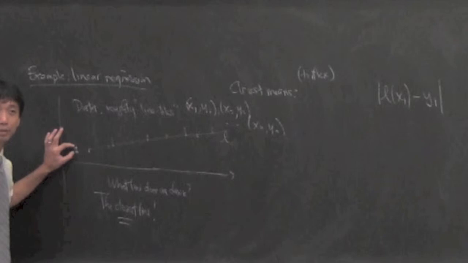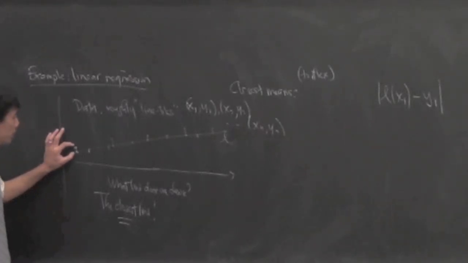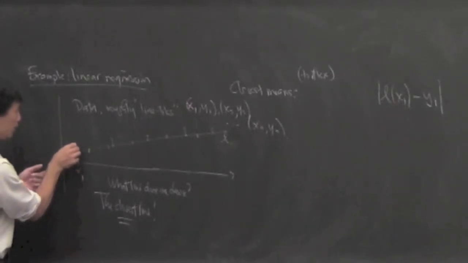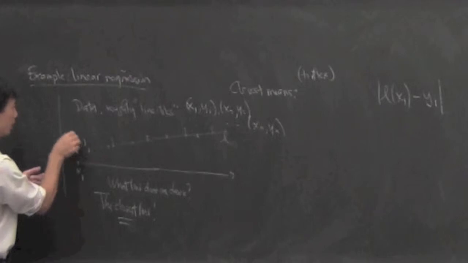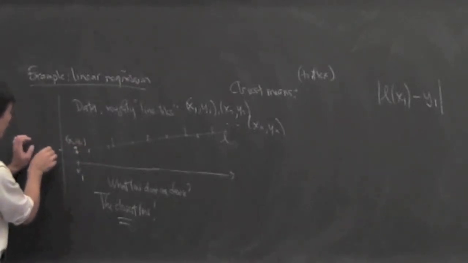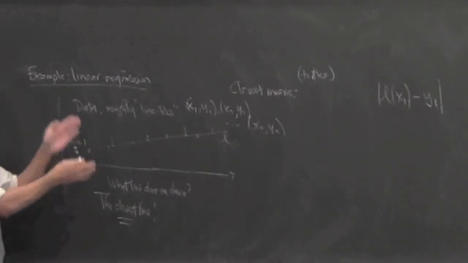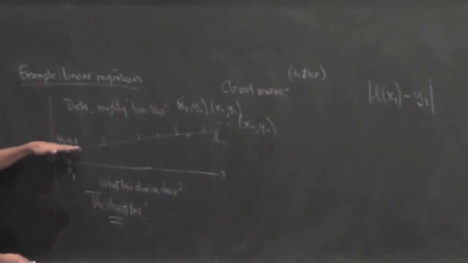Does that make sense? Everyone following? You take L of x1, since this point is x1, y1, and you look at the difference between L of x1 and y1. You take the absolute value, so you get some positive number.